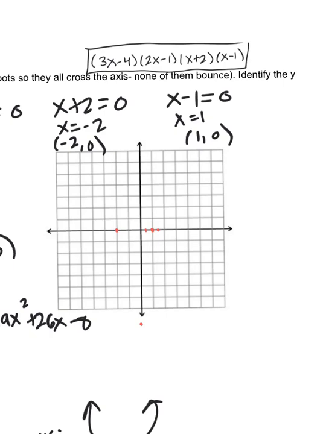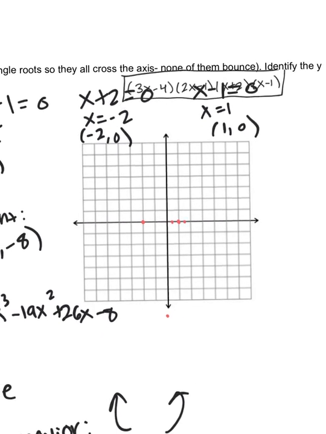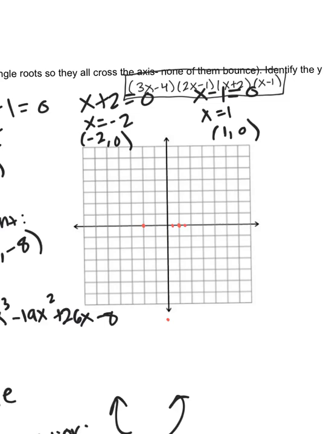All of these are single roots, so they all cross the axis. None of them are going to bounce. So you're told that in the problem. I'll tell you that in the other problems as well if you were to get this on a test or something. So they're all going to just cross through. They're not going to bounce.